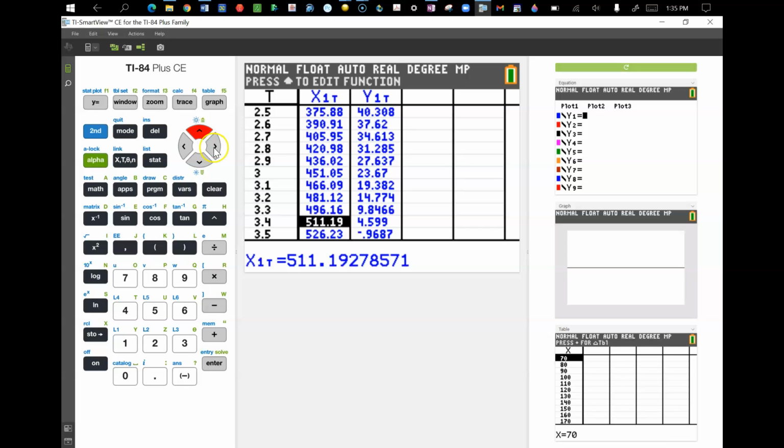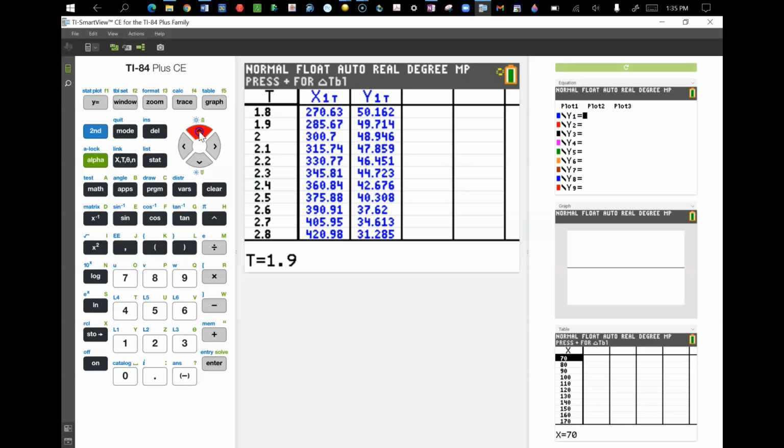We can also do things like find approximately how high the ball went. Now, since it was in the air for about 3.5 seconds, we should be able to go back to about half of that and figure out the maximum height.